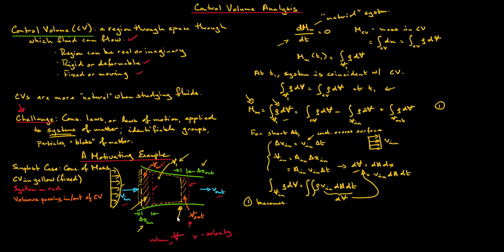the mass is equal to the mass within volume 1 at time 1, which is the volume of the CV, but it is also equal to the mass inside the CV, the control volume, at time t2, minus the mass that has passed through the volume V in plus the mass that has passed through the volume V out.